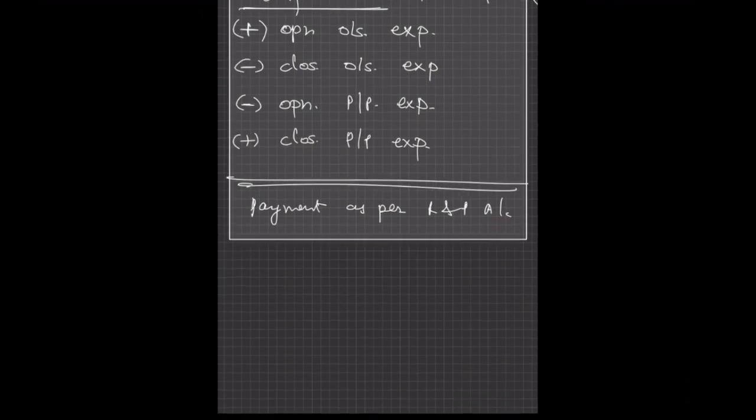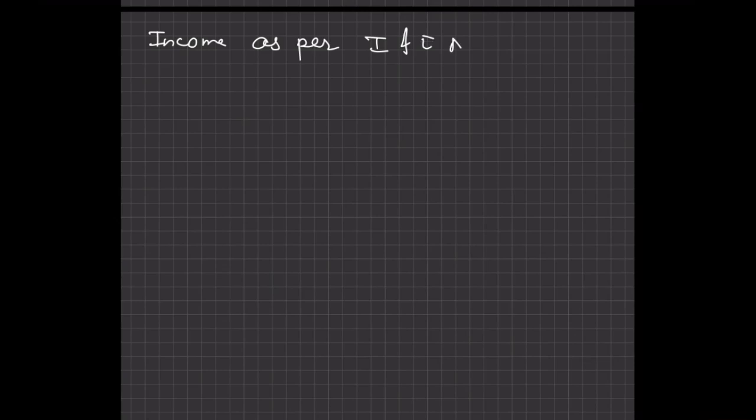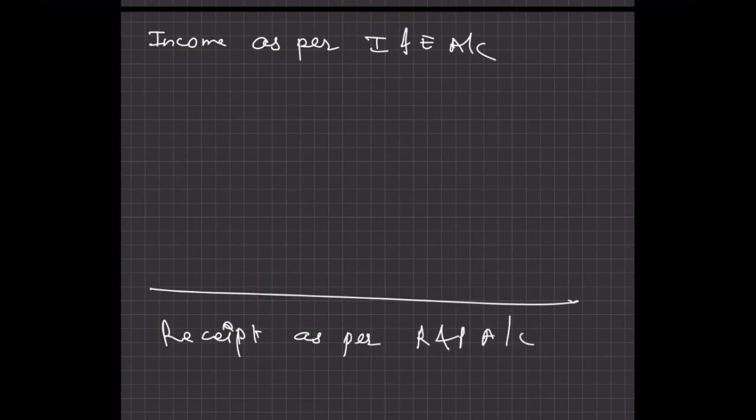And if you have to go from income as per income and expenditure account to the receipt as per receipt and payment account, so what you need to do? If you have an income as per the income and expenditure account, you will have opening arrears.